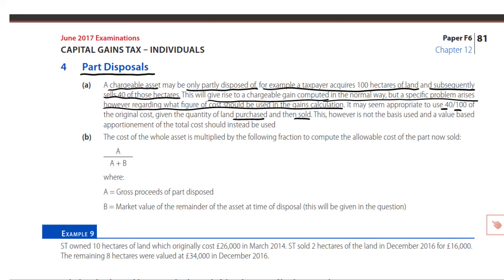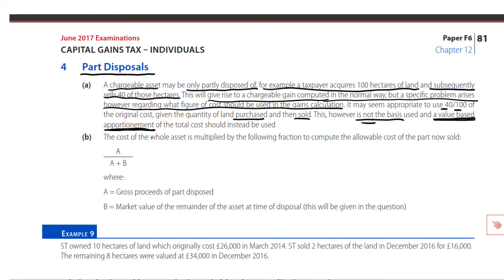Think again, because that, in fact, is not the basis used.